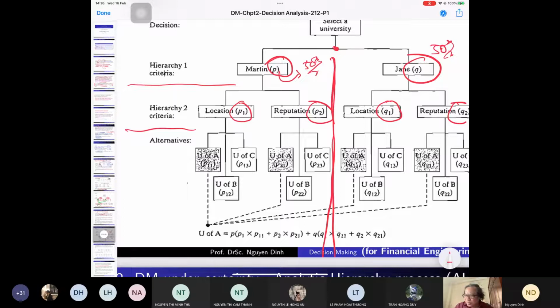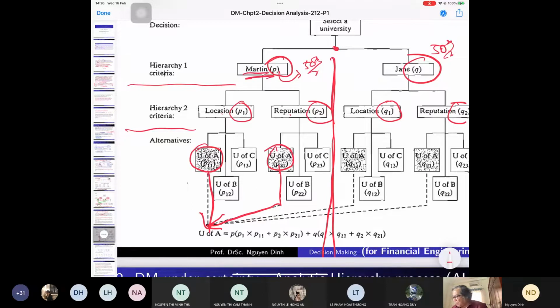So how can you calculate the composite weight of UA? You calculate UA, the location and reputation of A, composite in this way.